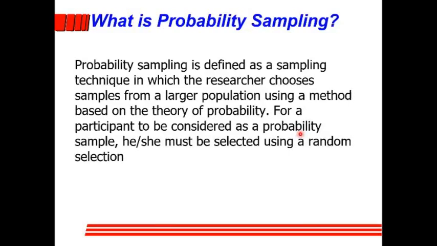So sa sample na 100, ang participant natin is let's say 1 over 100 yung probability na makuha siya. So we have the 1%. 1% of 100, yun yung probability na pwede siyang makuha as a sample.